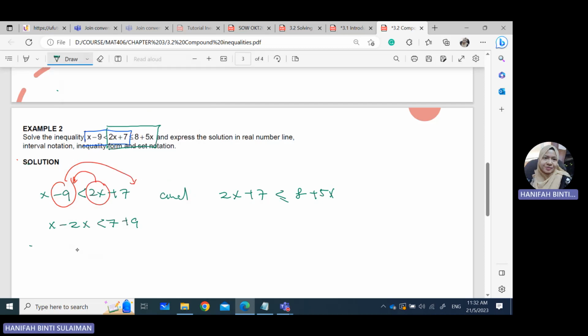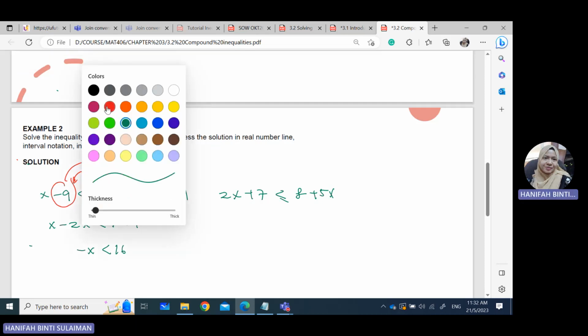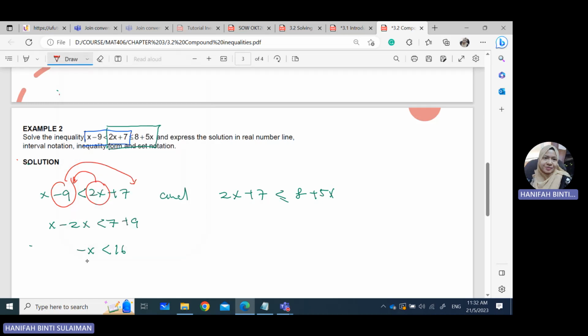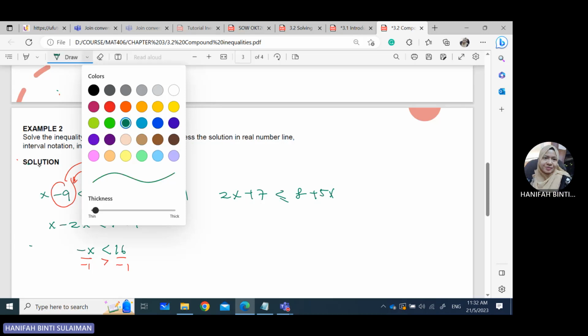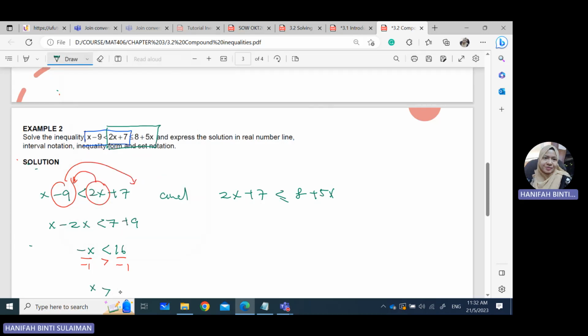Selesaikan negative x less than 16. So x ada negatif kat situ, kita tak nak negatif tu. So we can divide or multiply. Divide by negative 1. So dia berubah. So ini 16 divide by negative 1. So here we have x greater than negative 16. Okay, so n, this side.